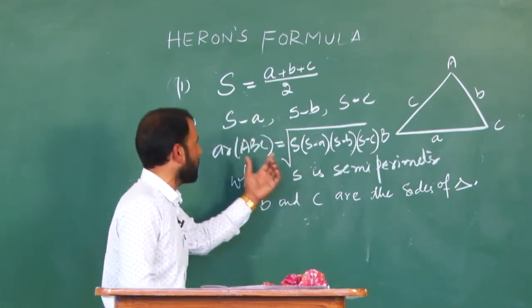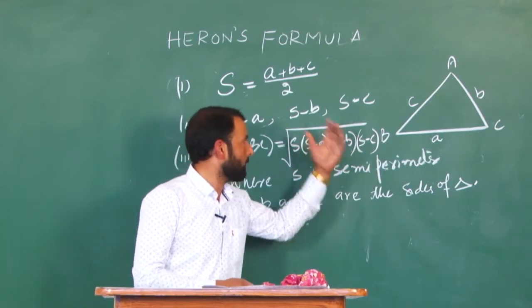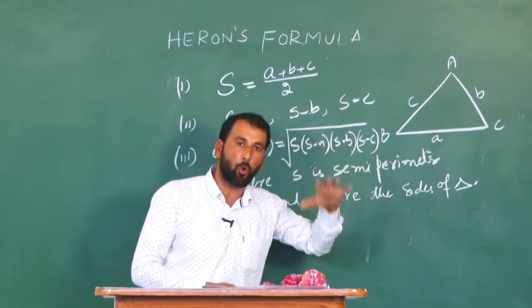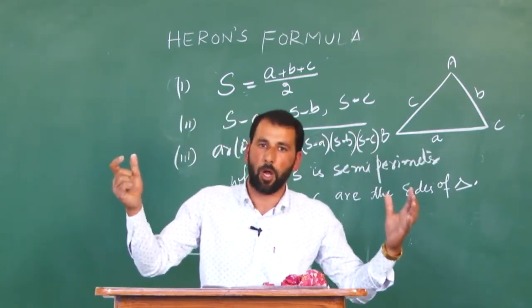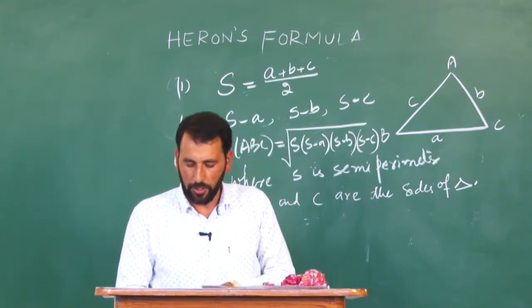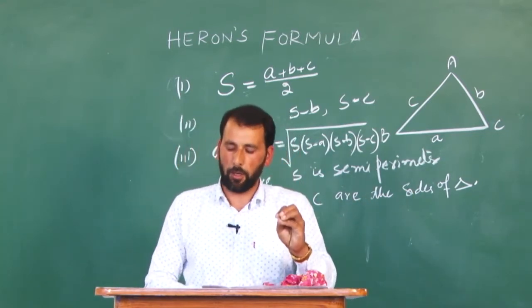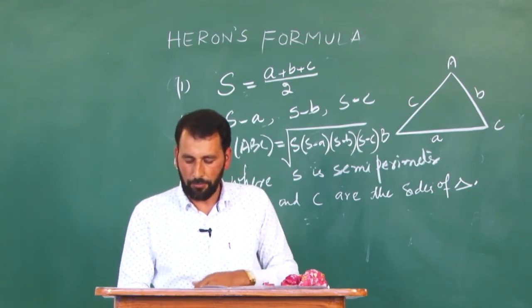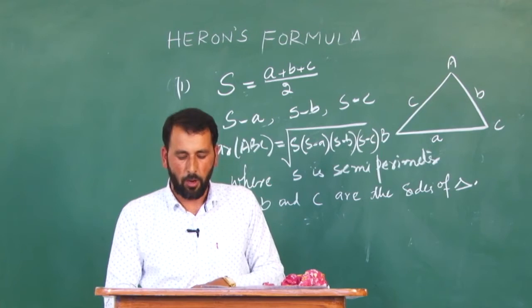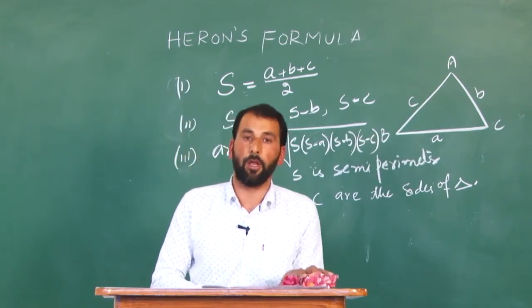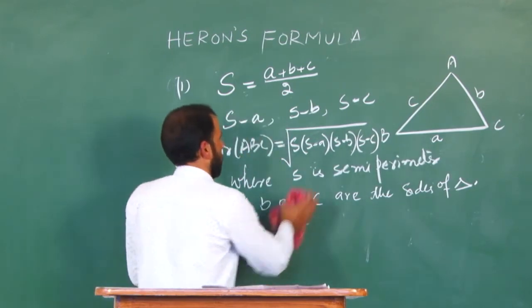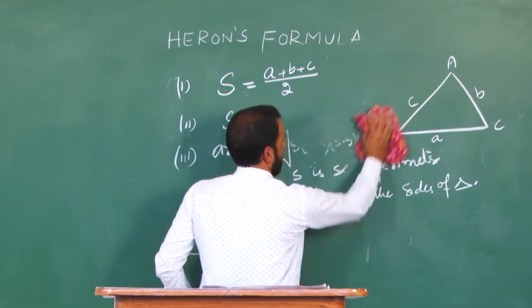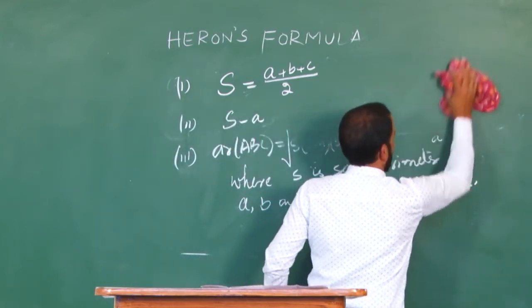So what is Heron's formula? It is the square root of s into s minus a, s minus b, s minus c. What is required? Finding the semi-perimeter of an equilateral triangle. So let us draw an equilateral triangle for this question, and after that find the perimeter. If its perimeter is 180 centimeter, what will be the area of the signal board? This is question number 1 of exercise 12.1 from your textbook.